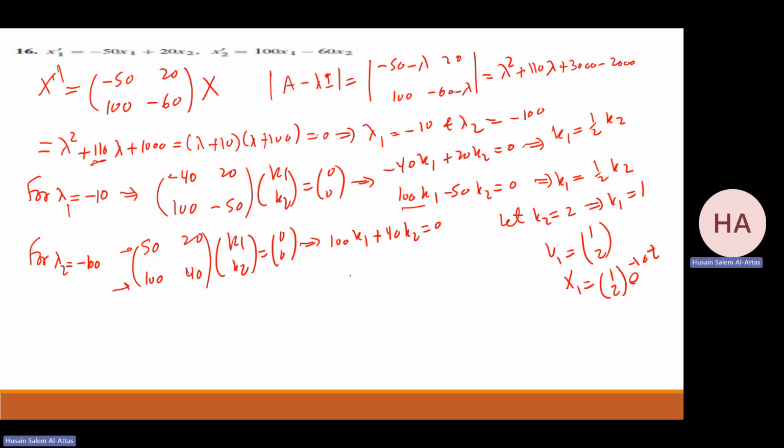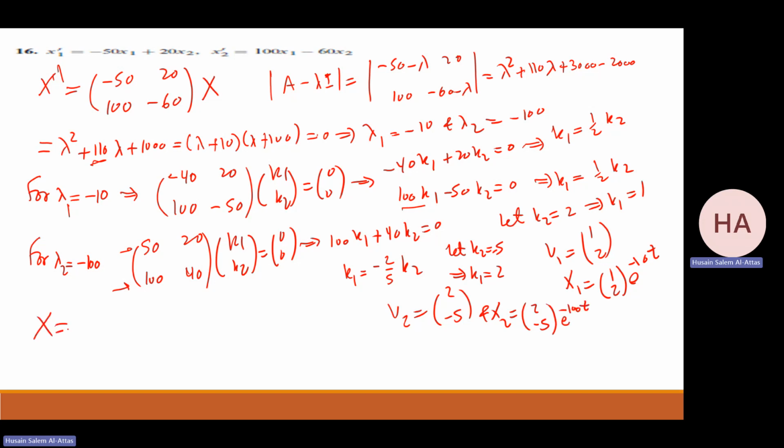So I have K1 is minus 2 over 5 K2. So I need K2 to be minus 5, K1 will be 2. So V2 would be (2, minus 5), and X2 is (2, minus 5) e to the power minus 100t.